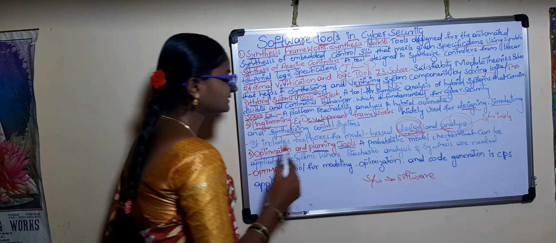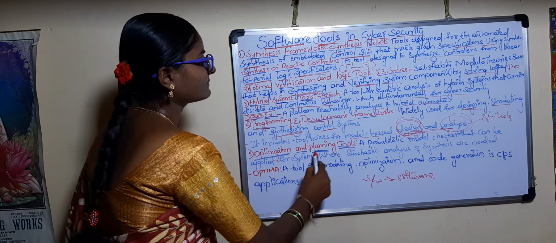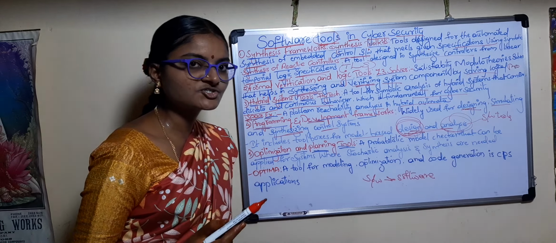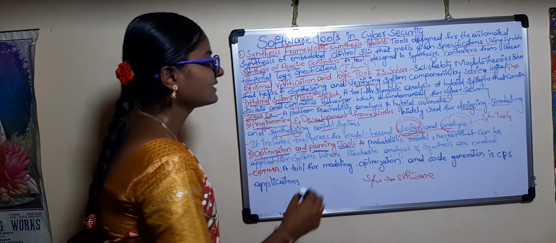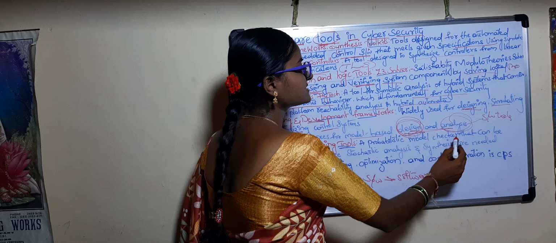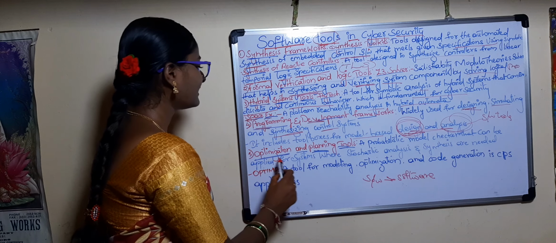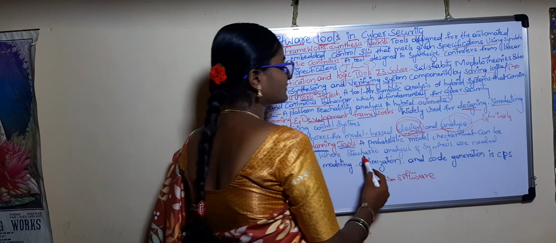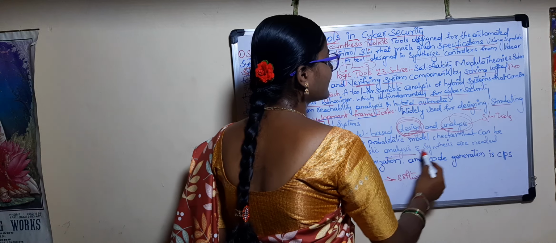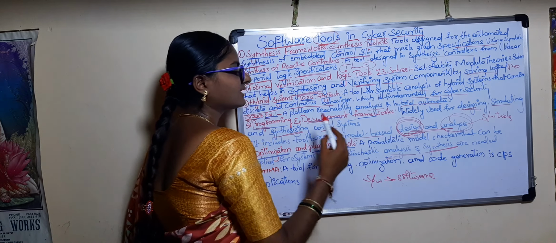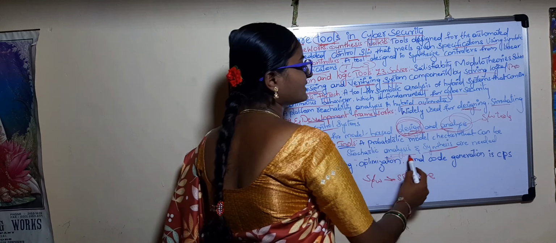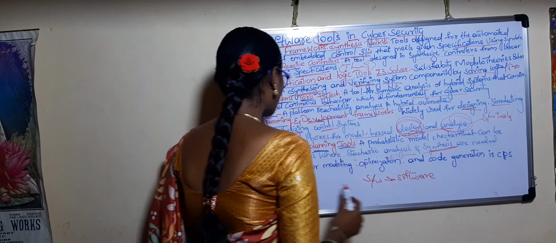Okay? Next one, optimization and planning tools. Optimization and planning tools include a probabilistic model checker that can be applied to systems where sophisticated analysis and synthesis are needed.